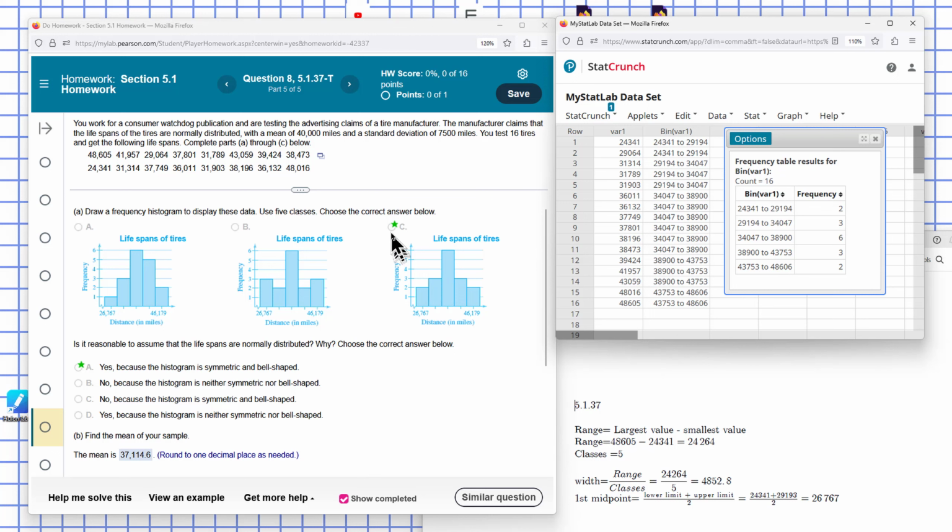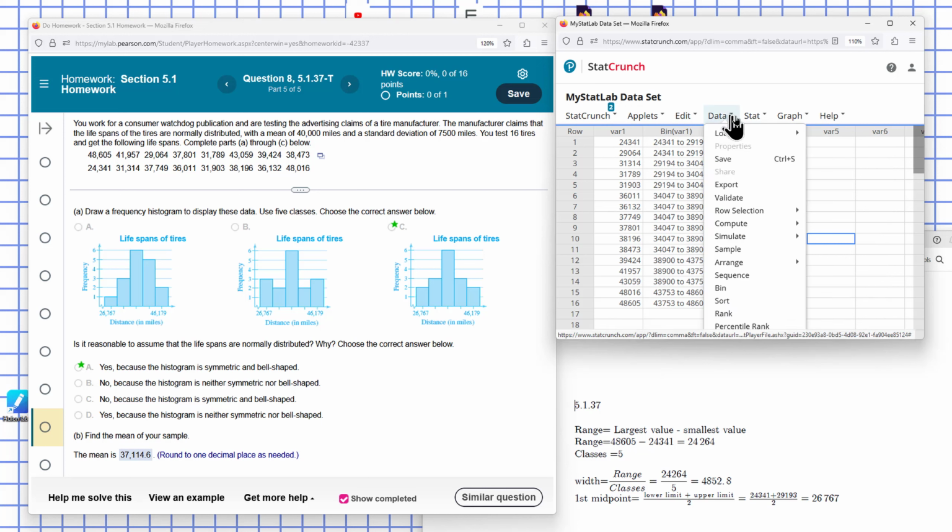It tells you that C is the correct answer. And if you want to see it graphically, you have to go ahead and make some midpoints.